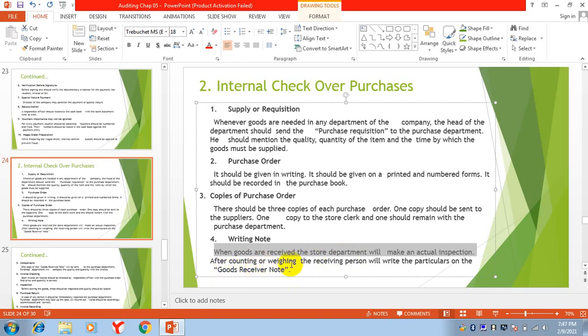After counting or weighing, the receiving person will write the particulars on the goods received note: his name, his signature, and his designation, confirming that goods are received.